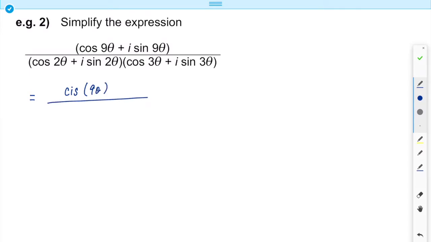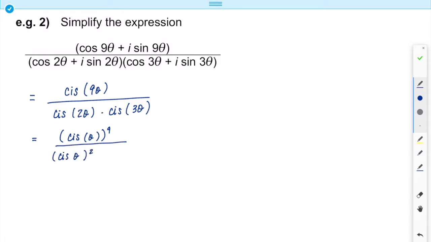In the denominator, I have cis 2 theta multiplied by cis 3 theta. So we can continue to use De Moivre's theorem to represent these as powers of a complex number. This is really cis theta to the power of 9 over cis theta squared times cis theta cubed.